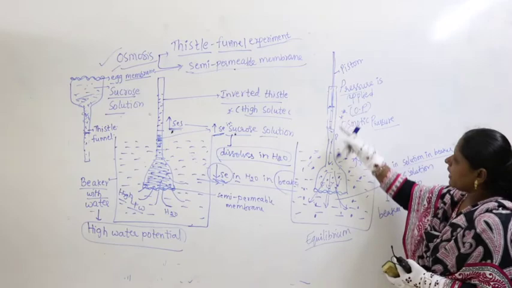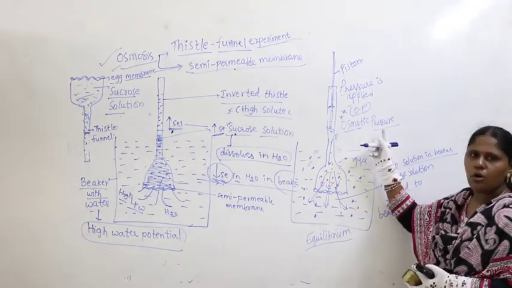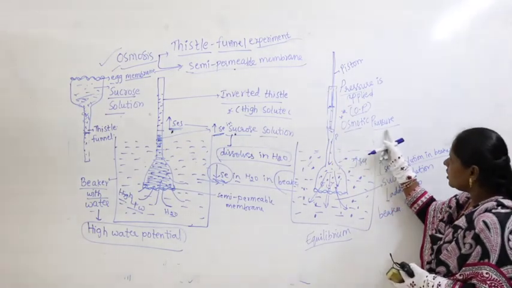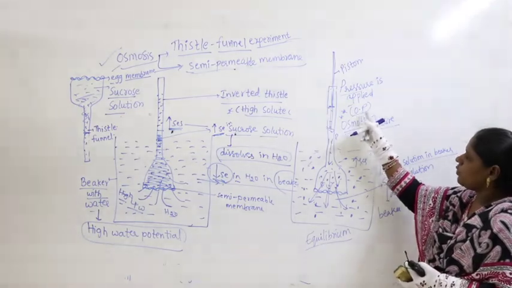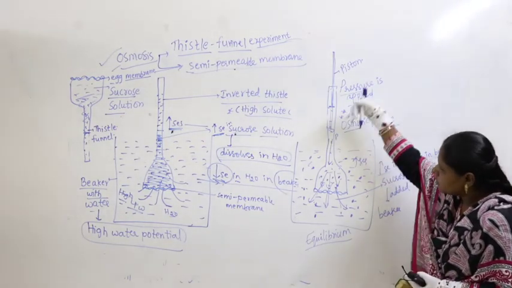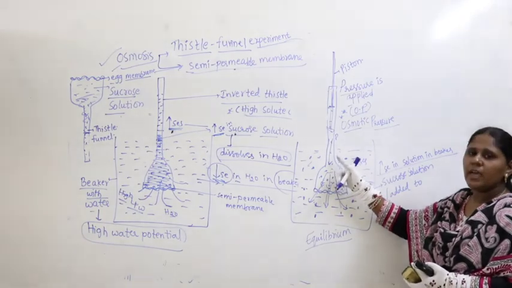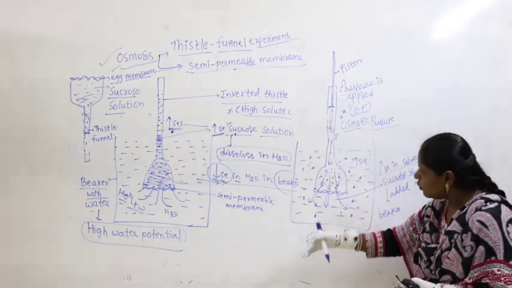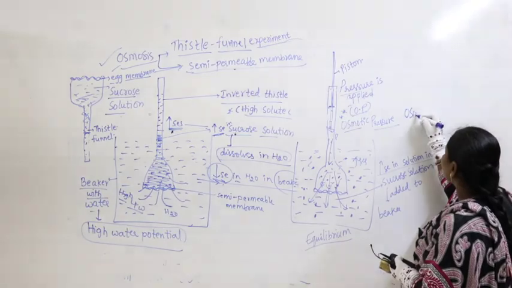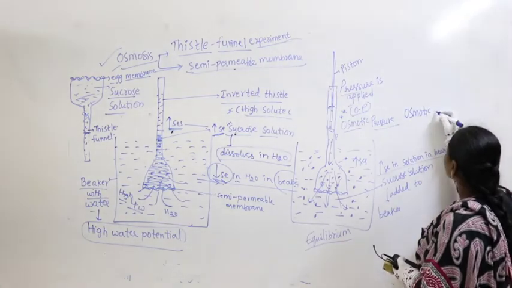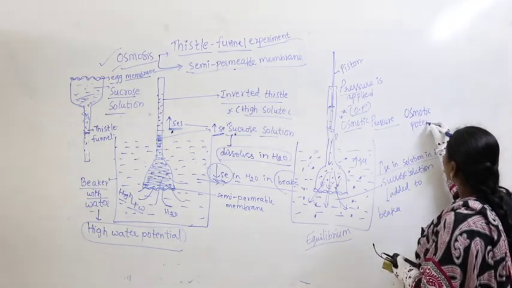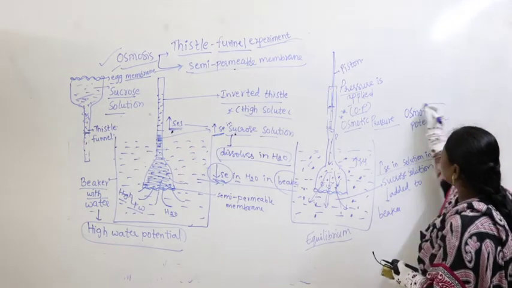The pressure applied on the process called osmosis is called osmotic pressure. But this osmotic pressure, OP, makes the sucrose solution move, meaning the potentiality, the ability of the sucrose to move, is called osmotic potential.